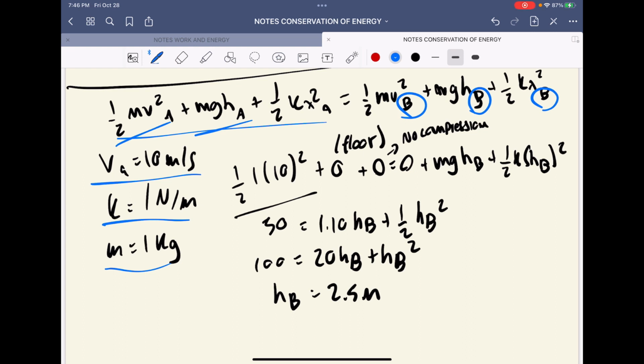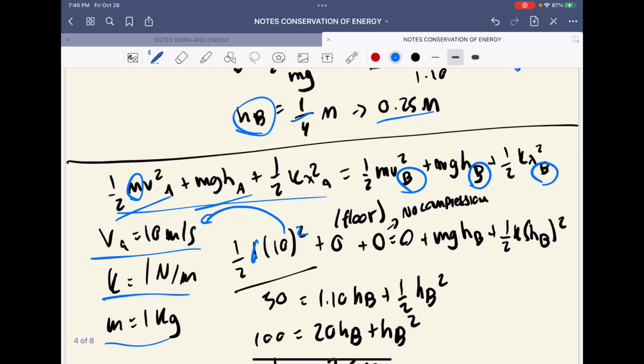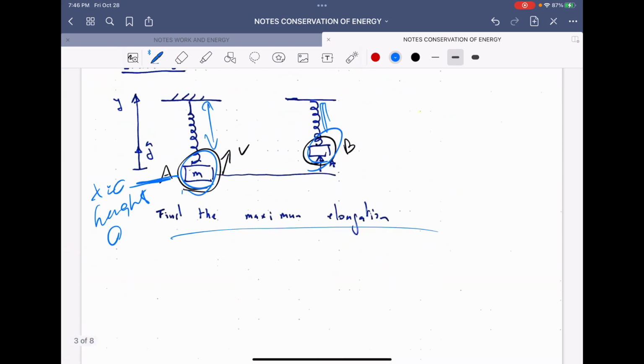Then we have this equation where half of 1, which is m, times 10, which is velocity, to the second power, plus 0. This is 0 because it's at the floor right here.